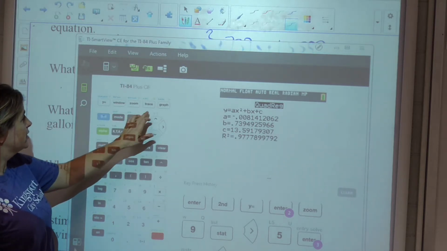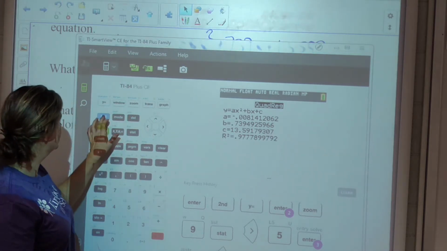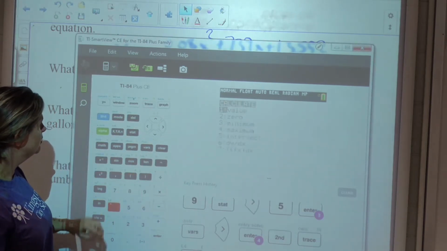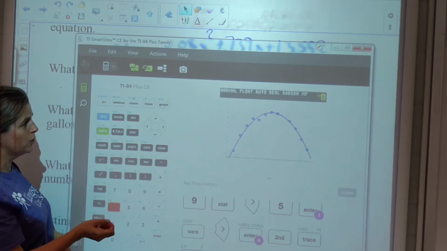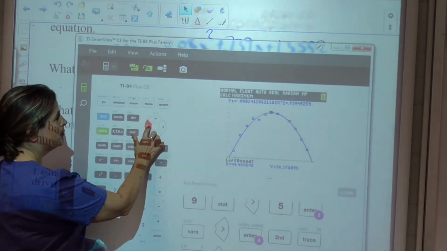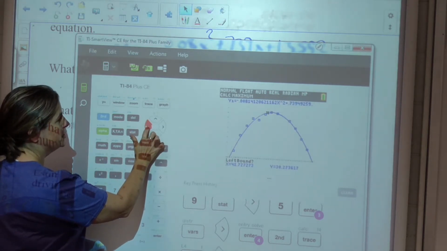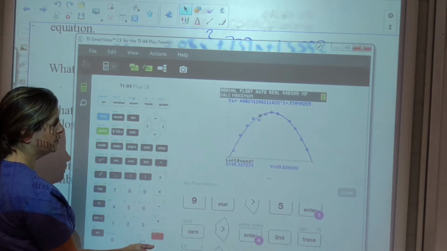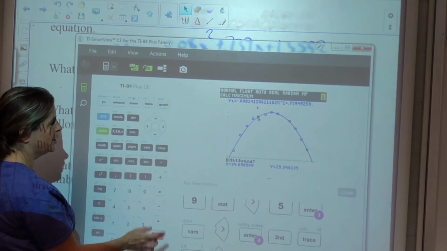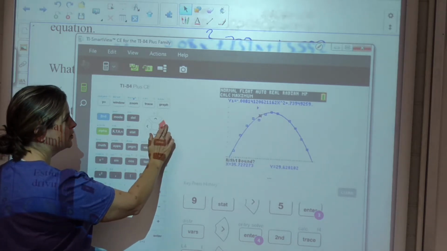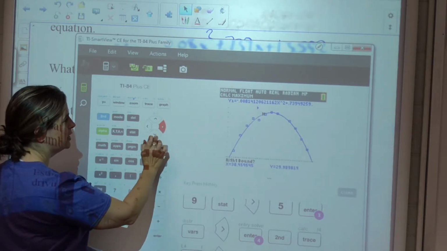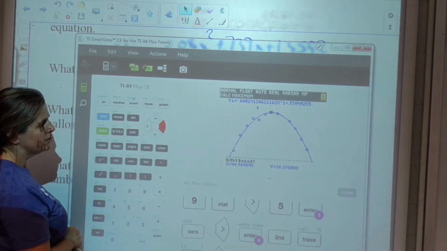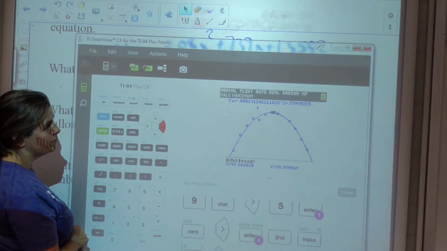So I'm going to actually find my maximum, second trace maximum, and it'll plot that equation for me. And I can just come back to the left of that a little bit, and I'm going to choose a point there. As soon as it stops, probably a little far to the left, but we'll go to the right. Give it a second, let it stop there.